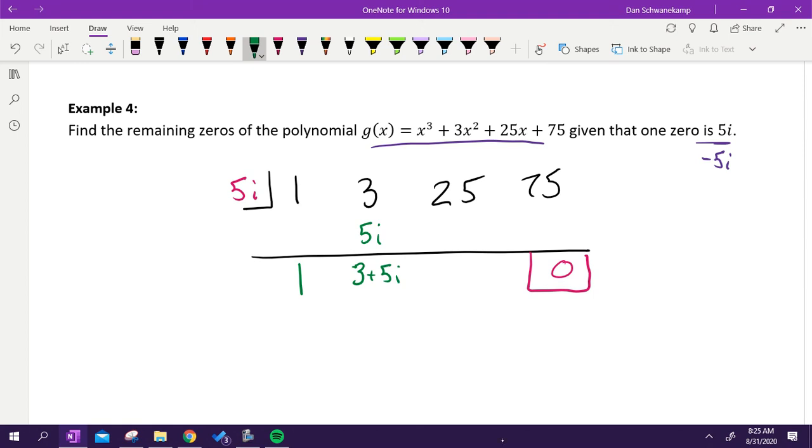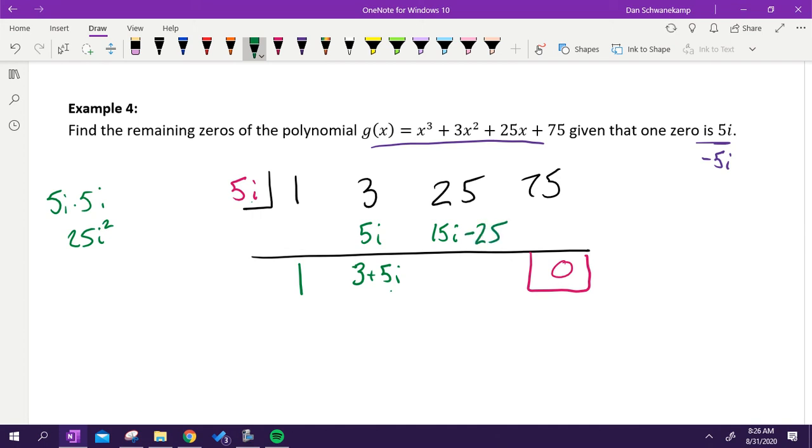Then I'm taking 5i times 3 plus 5i. You can do that. 5i times 3 would be 15i. And then 5i times 5i. What would 5i times 5i get me? 25i squared. Or what else could I write instead?